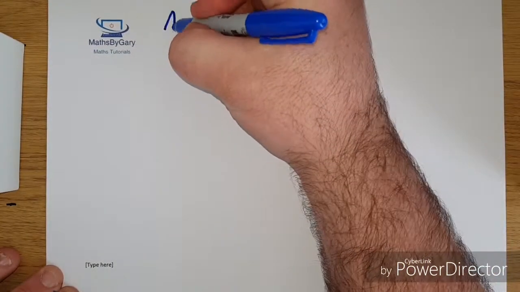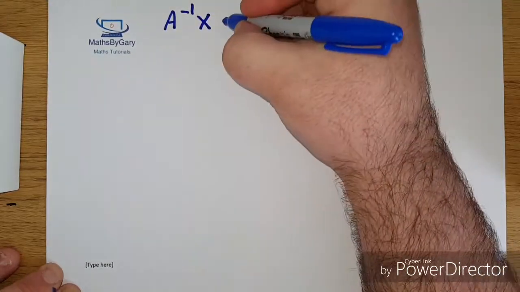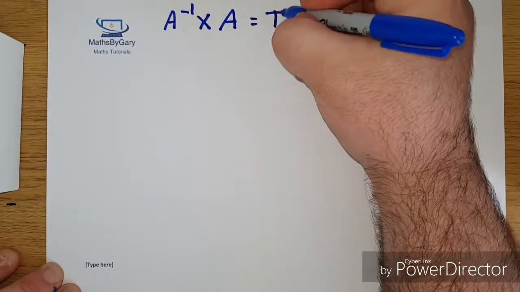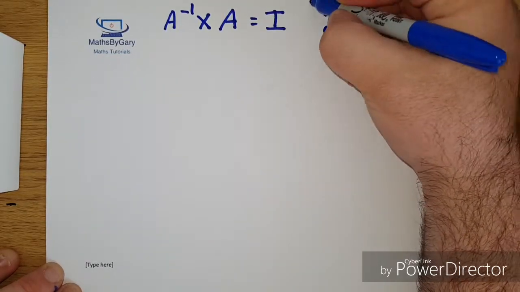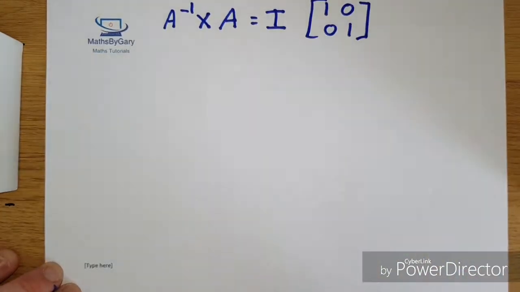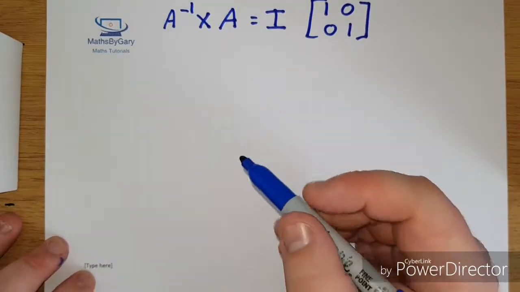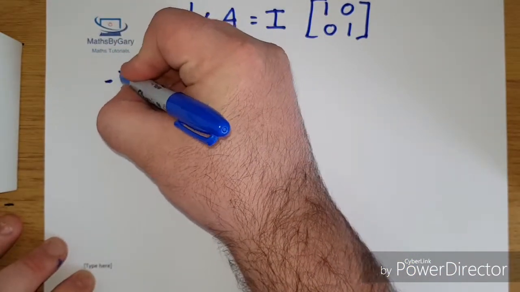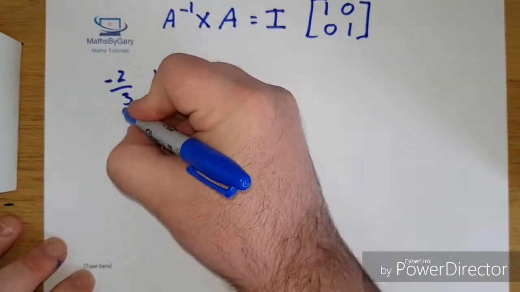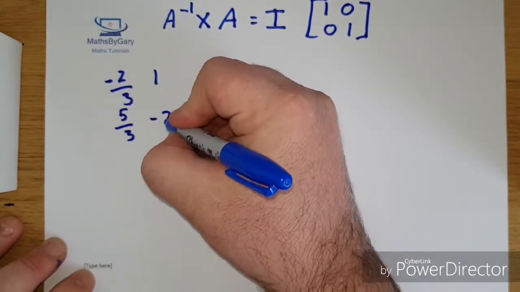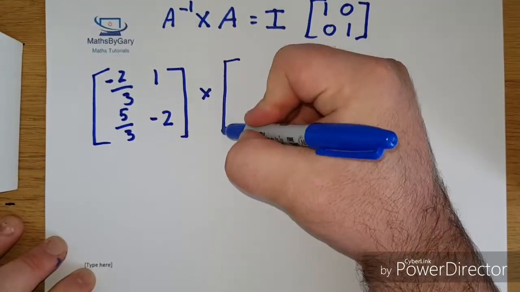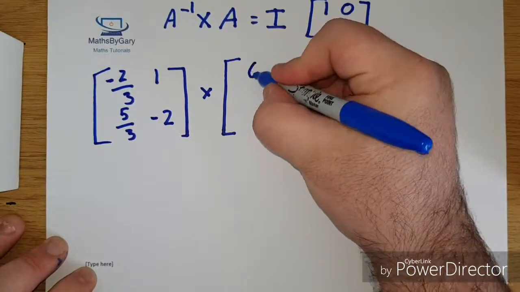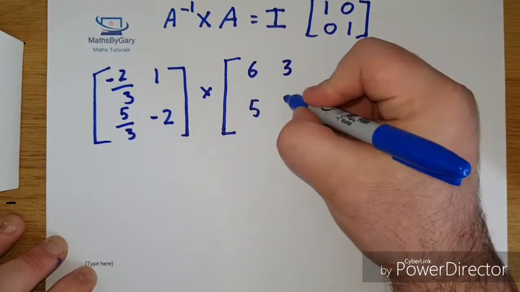Again, as I said previously, we can prove that this is correct by knowing that A to the minus 1 times the original matrix A will give us I. It's a 2x2 matrix, so I will take the form of 1, 0, 0, 1. So we want to prove that this in fact is true. A to the minus 1 is minus 2 over 3, 1, 5 over 3 and minus 2, and this is all going to multiply by the original matrix A, which was 6, 3, 5 and 2.